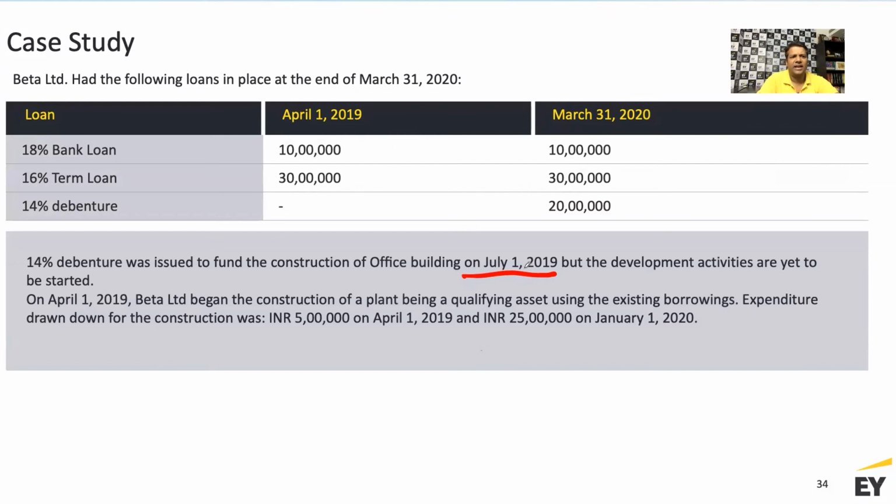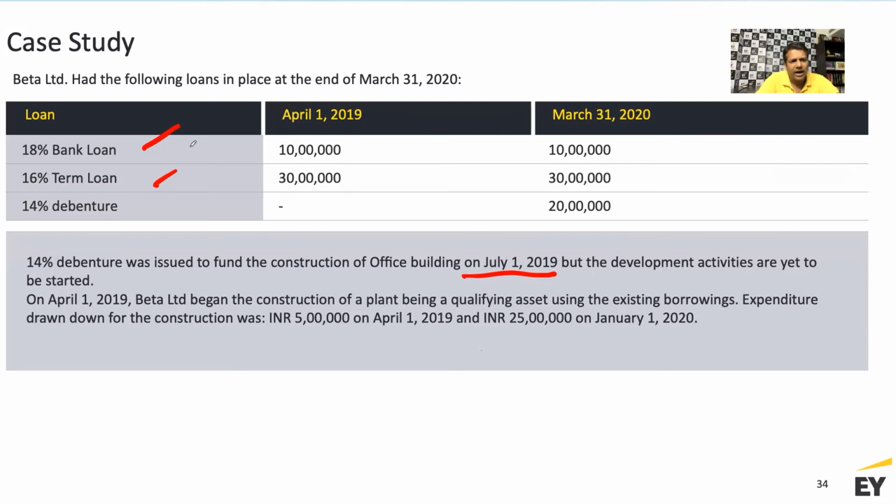So this is again a specific borrowing, right? It's a specific borrowing for the office building on July 1, but it is yet to start. On April 1, 2019, Beta Limited began the construction of a plant, being a qualifying asset, using the existing borrowings. These are my two existing borrowings.